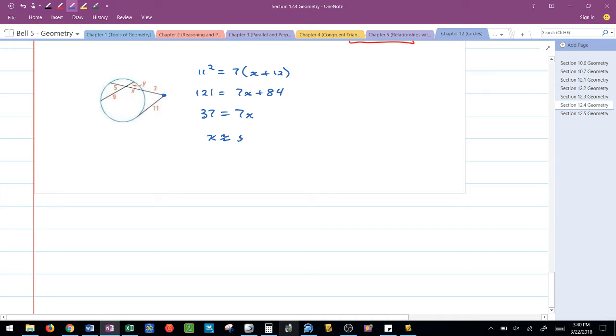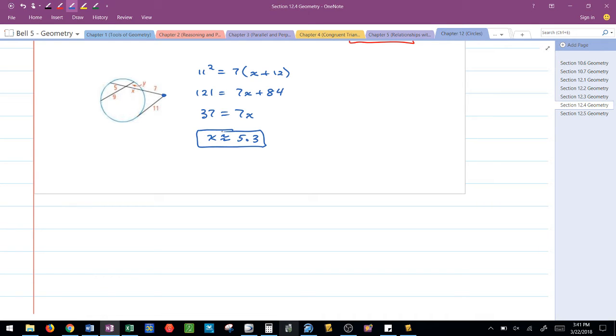X is approximately 5.3. All right. Now, here's the tricky part on this question. I have to use a rounded measurement in order to find y. So I'm going to do my best to not use that rounded measurement.